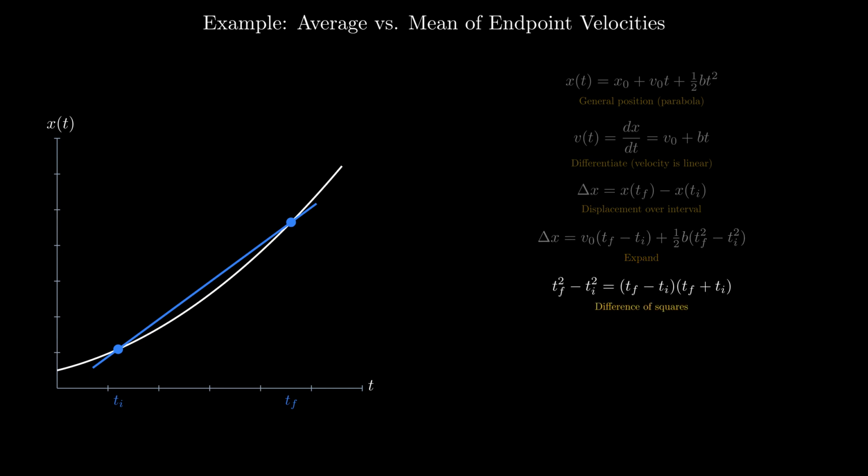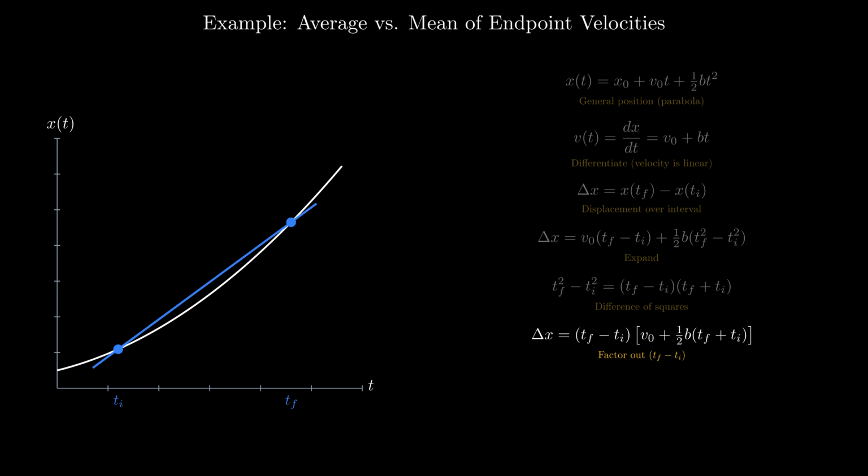Factor the difference of squares. T sub f squared minus t sub I squared equals t sub f minus t sub I times t sub f plus t sub I. The displacement becomes delta x equals t sub f minus t sub I times the quantity v naught plus 1/2 b times t sub f plus t sub I.